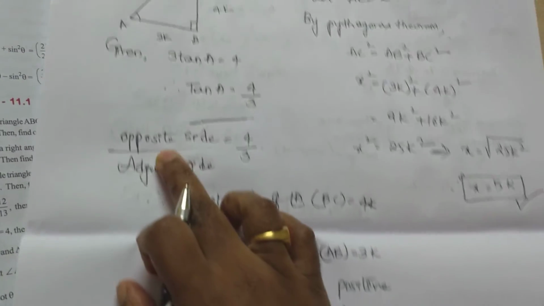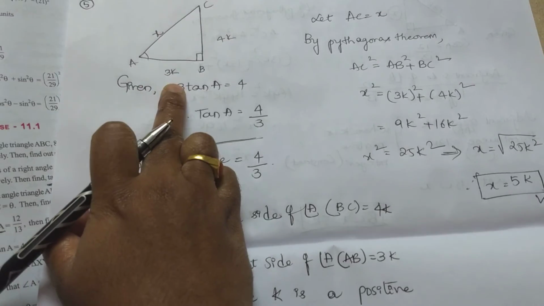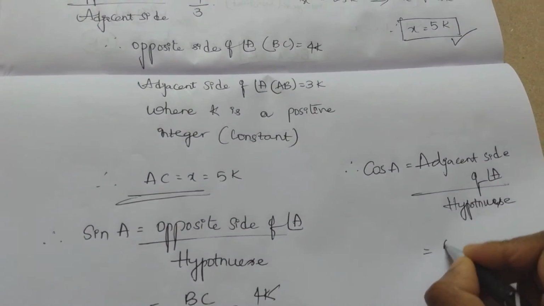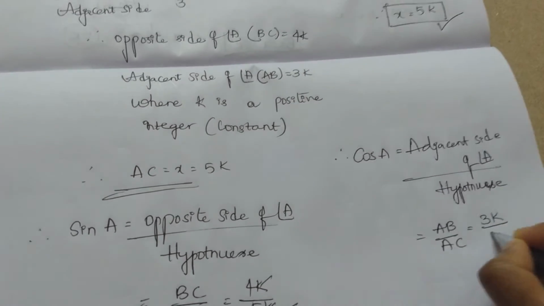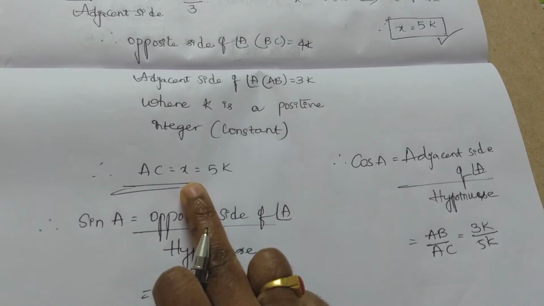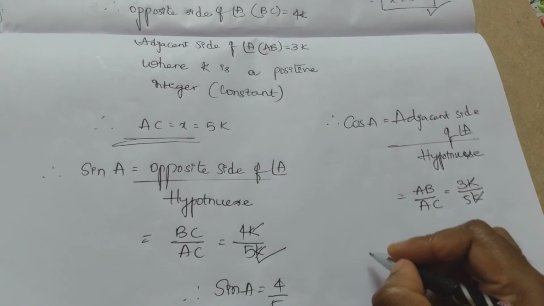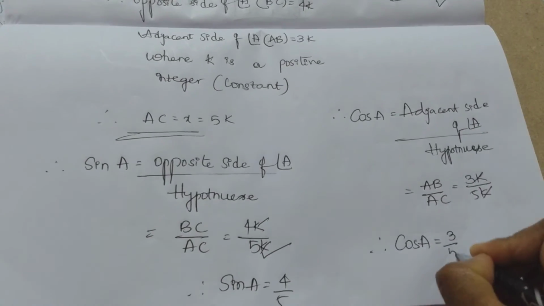Adjacent side is AB and hypotenuse is AC, which is 3K by 5K. That equals AB by AC, which is 3K by 5K, because AC value we found as 5K. So K and K will be cancelled off. Therefore cos A equals 3 by 5.